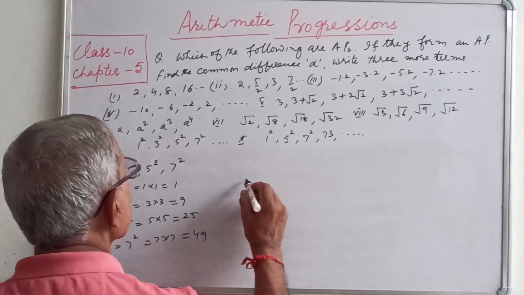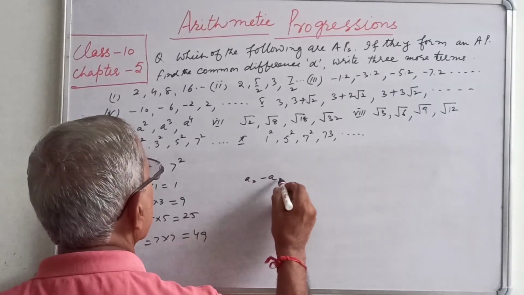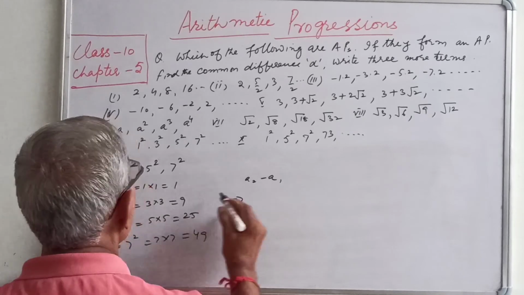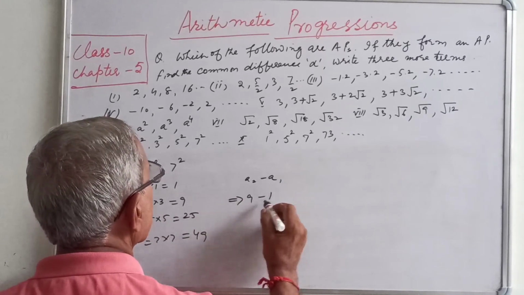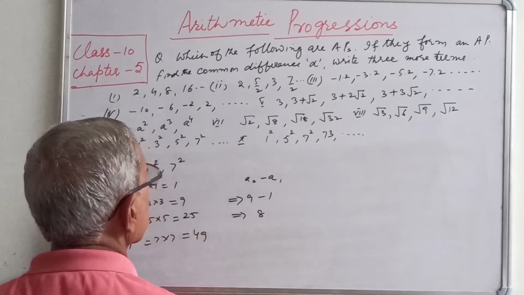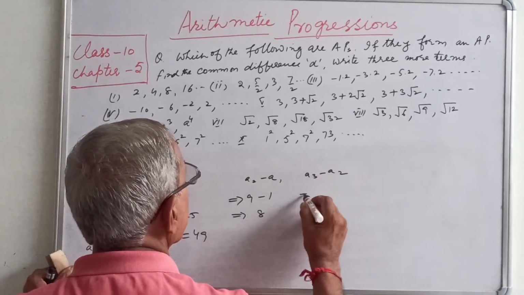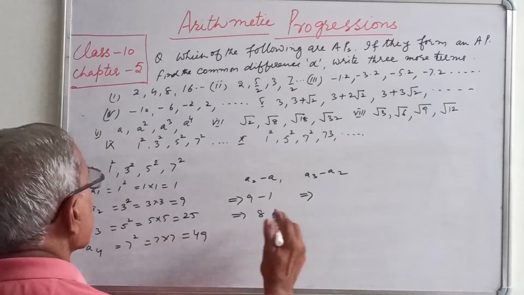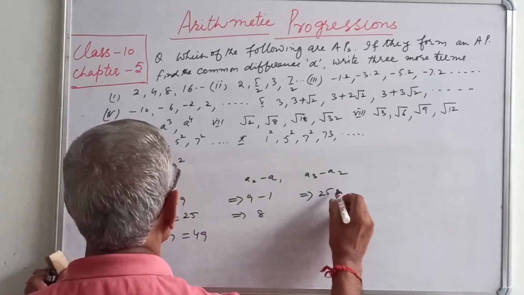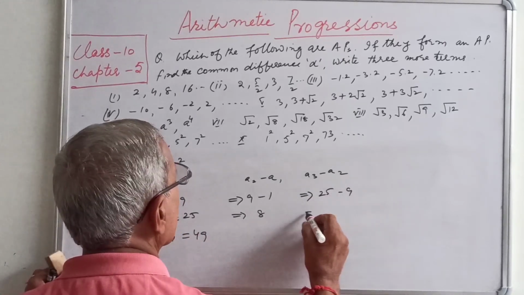अब डिफरेंस A2 माइनस A1, 9 माइनस 1 वाया 8। A3 माइनस A2, A3 is 25 minus 9 via 16.